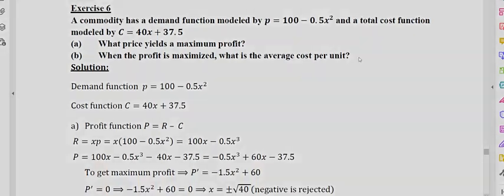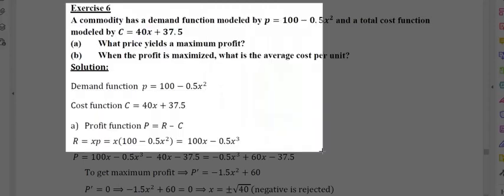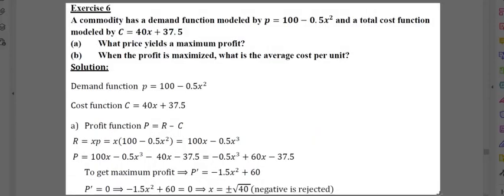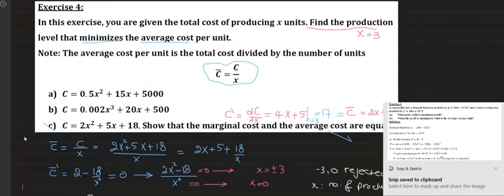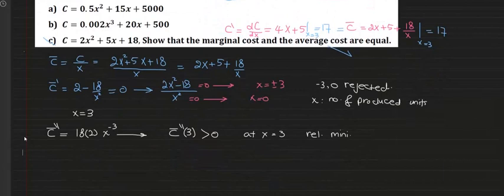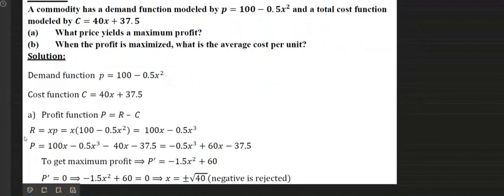So let's take this to discuss it in a better way. Because we need here to maximize the profit, and we know that the profit is the revenue minus cost, we are given the cost, and we are given the price or the demand, and we know that the demand is related to the revenue. The revenue is the demand times the production level.